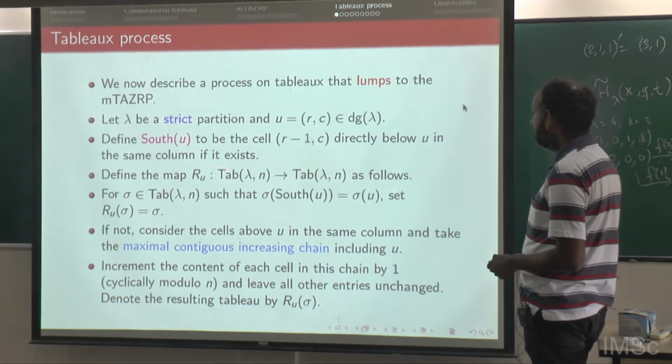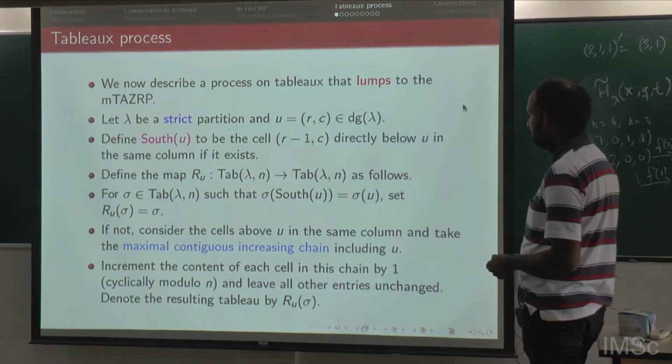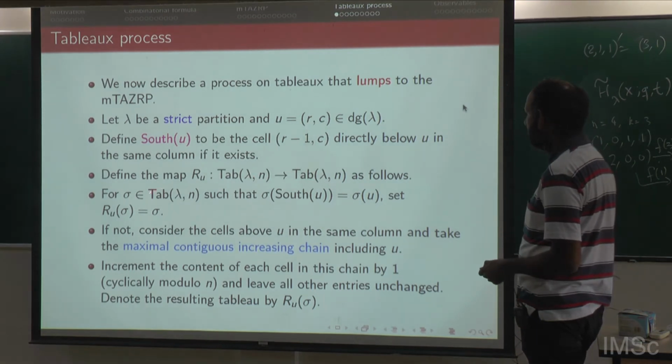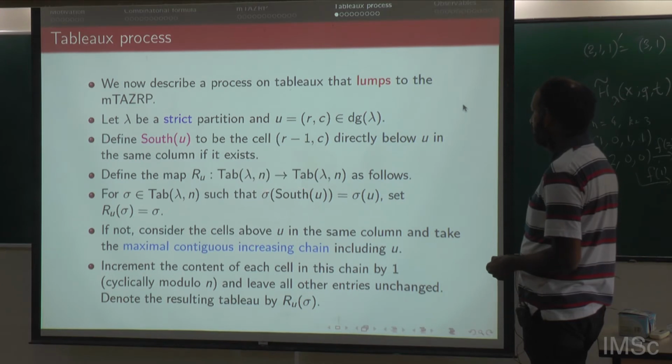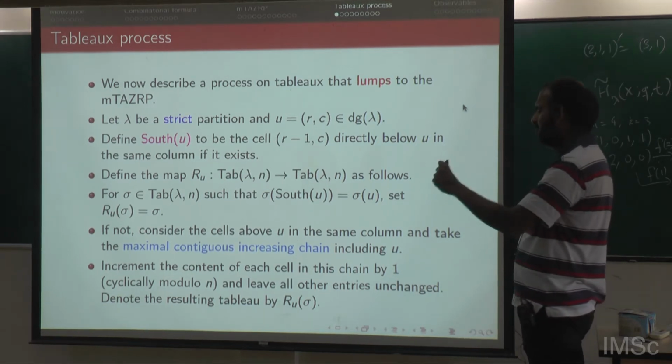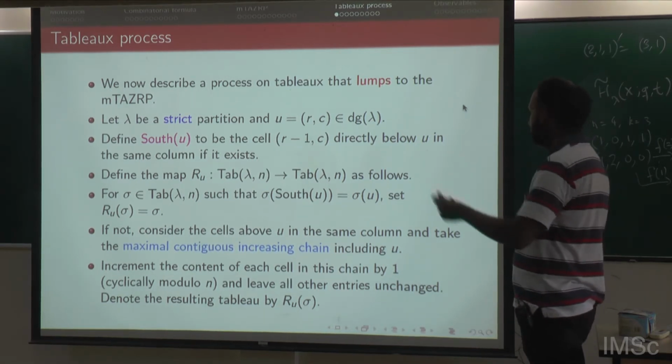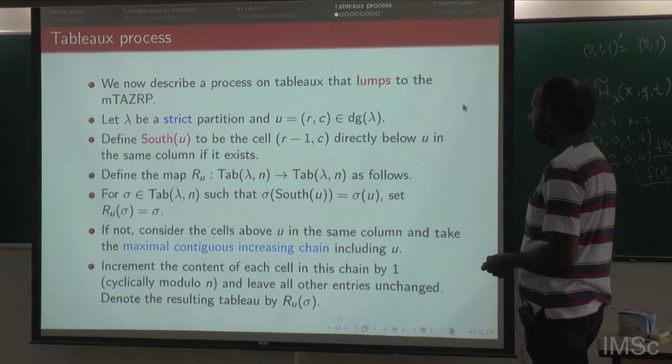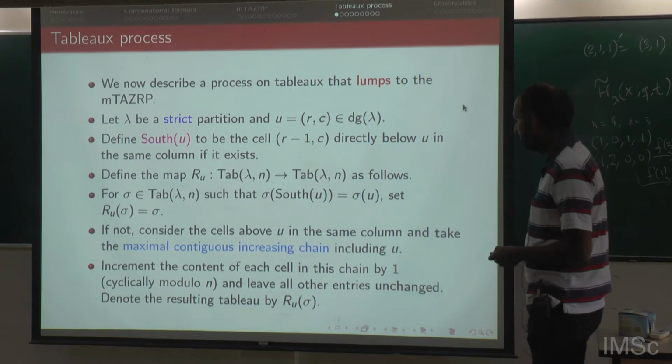So I'm going to define a map from the set of these tableaux onto itself as follows. If the cell below U contains the same element as the cell U itself, then R_U of sigma is sigma. Okay? So it doesn't change.